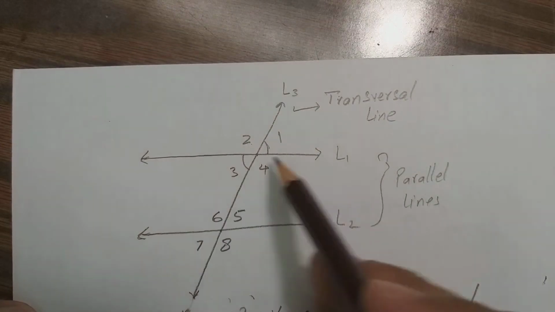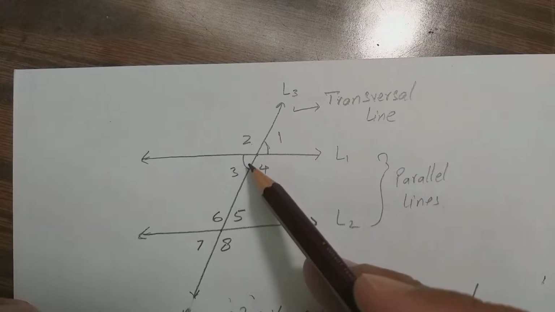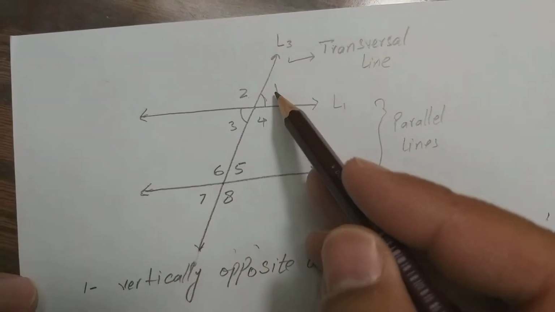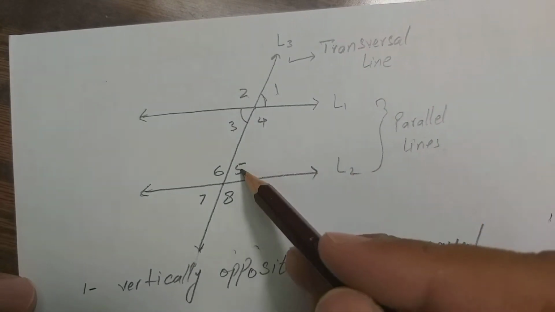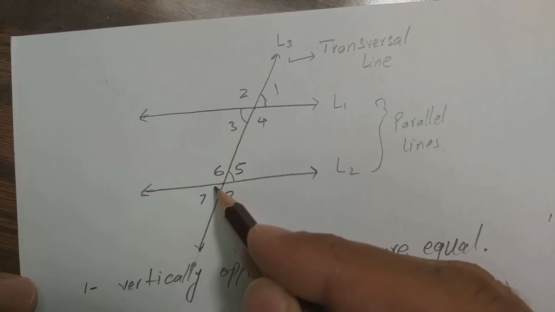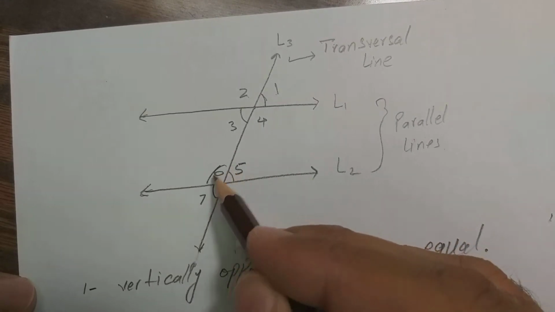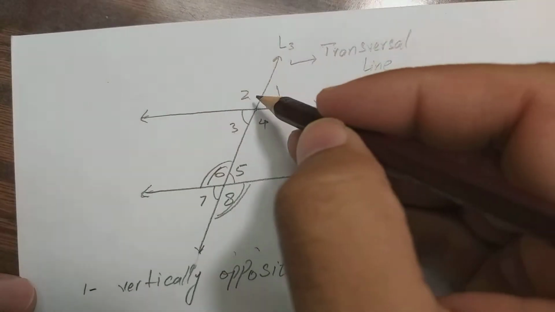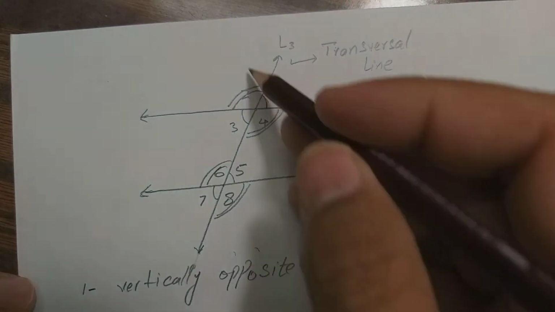Means if we observe these two parallel lines and the transversal line, they form some angles. 1 and 3 are vertically opposite, 2 and 4, 5 and 7, and 6 and 8 are vertically opposite.